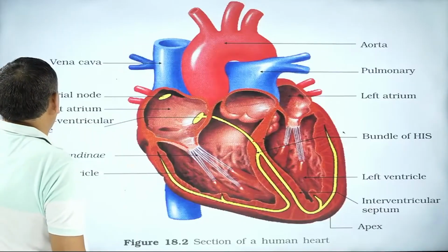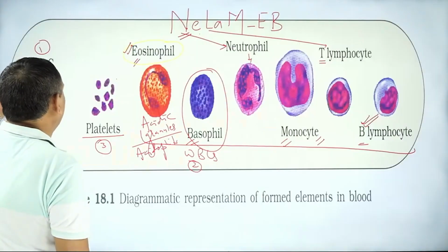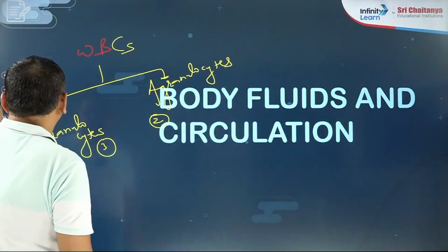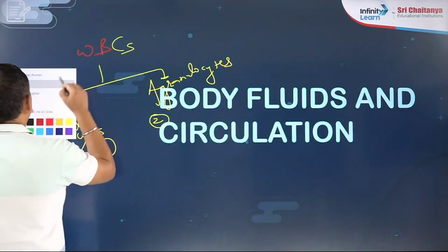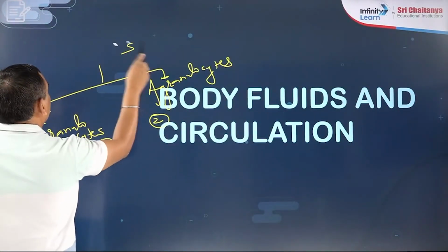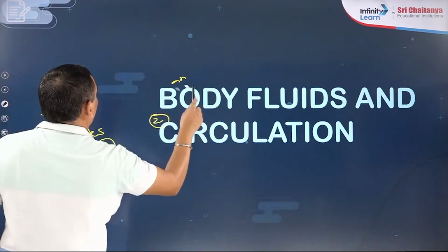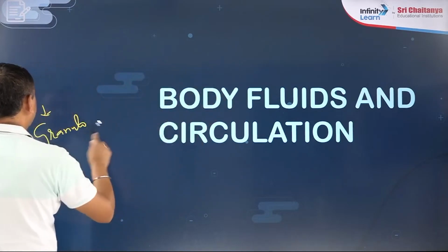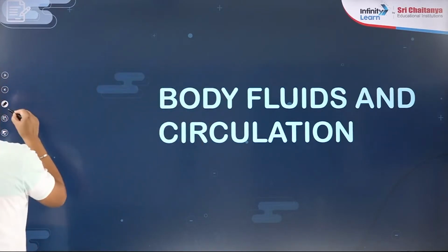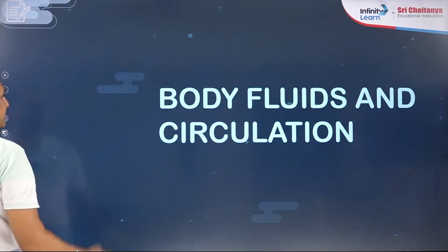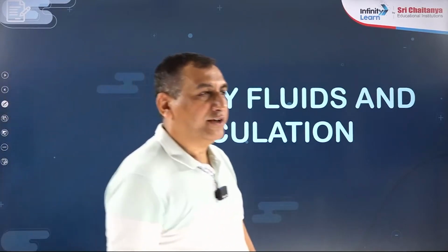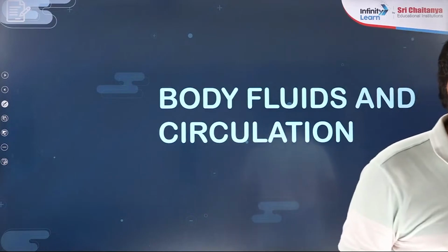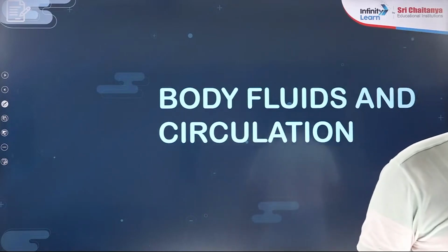Now I am coming to one question. Who will reply? Be ready. Just tell me, what is the universal blood group and what is the universal recipient blood group? Nikhil is saying O. O means what, Nikhil?